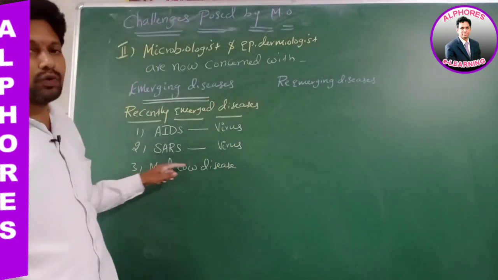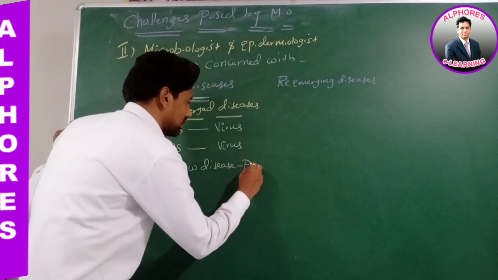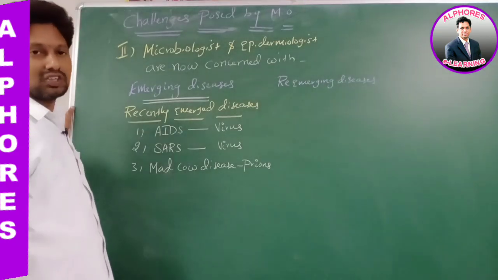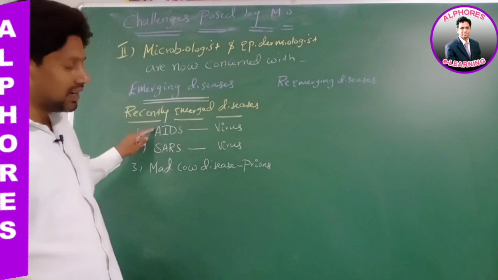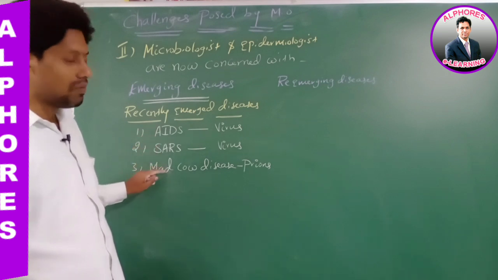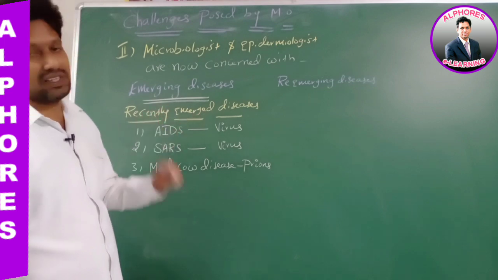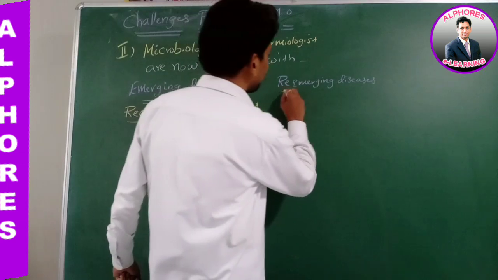Whereas mad cow disease is caused by prions, infectious proteinaceous agents. What is the meaning of prions? Infectious proteinaceous agents causing mad cow disease. AIDS, SARS and mad cow disease are recently emerged diseases. Go for the second one.